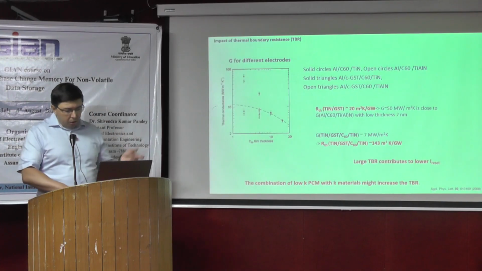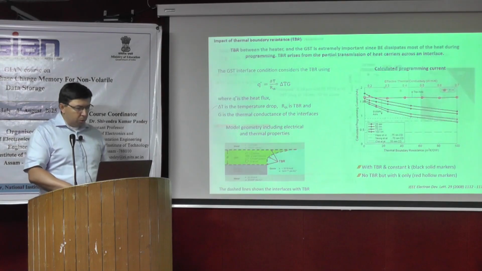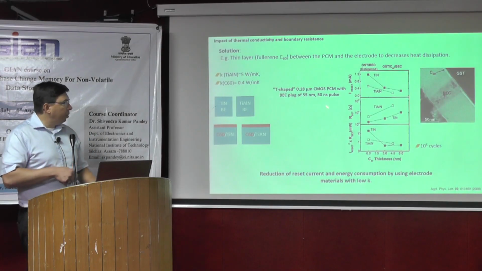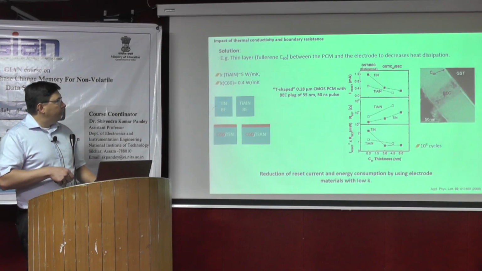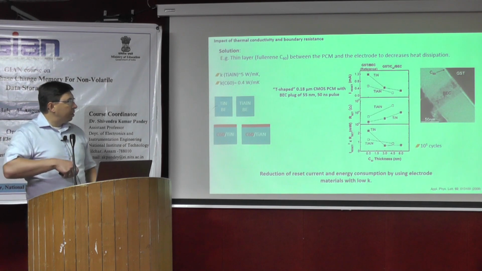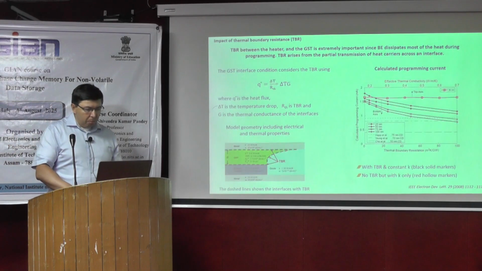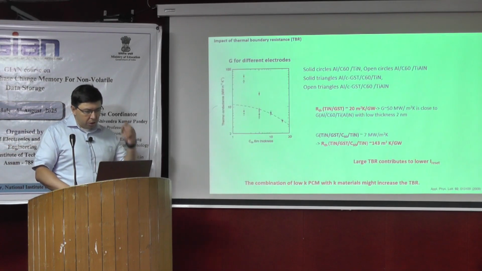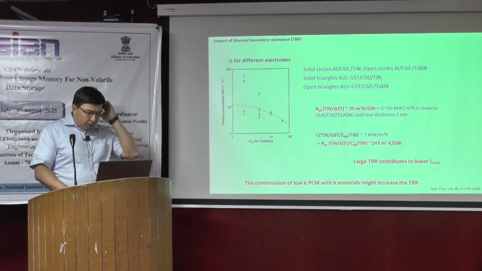Now, if we go to our example, one effect was that we reduced the thermal conductivity K at the interface between the bottom electrode and the GST material. This was one effect, but another effect was also the reduction of thermal boundary resistance.